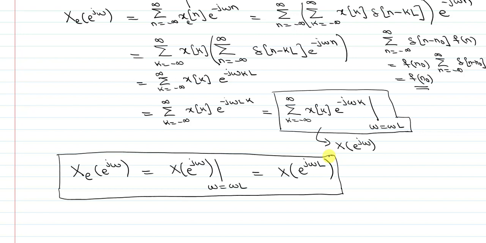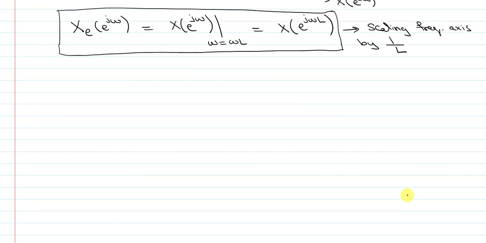By expanding the sequence, you're increasing the length of the sequence, and the effect of that in the frequency domain is that your frequencies are becoming compressed. So this is the expression that you are getting. We now have to look at it more explicitly. What the expander is doing is scaling the frequency axis by 1 over L.